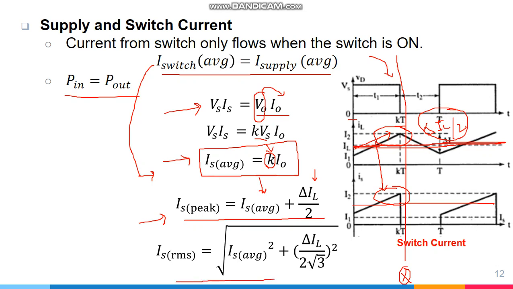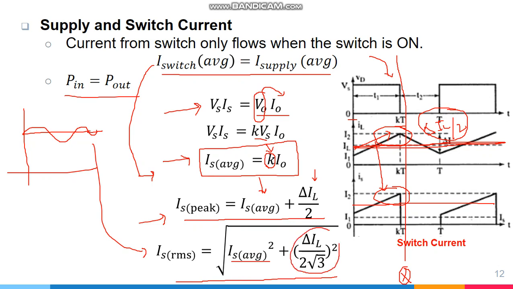And the RMS value can be calculated like this. In our LC filter as well, we saw that we had a constant DC level and an AC ripple over it. In that case, we said that the RMS of such a waveform can be calculated by taking the DC value squared plus the RMS value squared of that ripple. In that case it was sinusoidal, so we used peak delta IL by root 2.